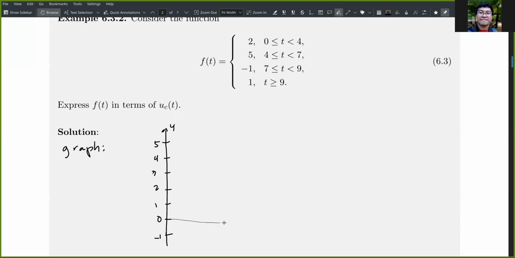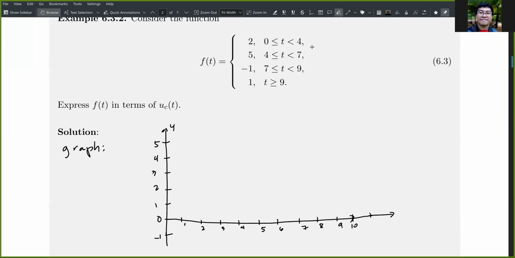And then here you have up to 9. So this is 1, 2, 3, 4, 5, 6, 7, 8, 9, let's say 10, and then extend.